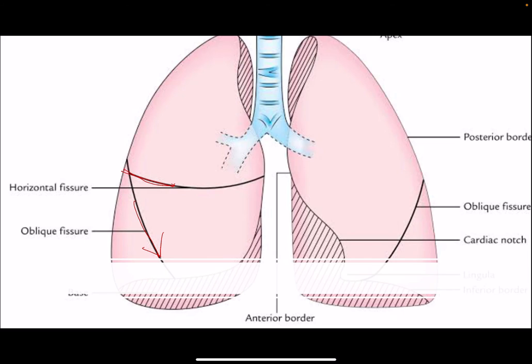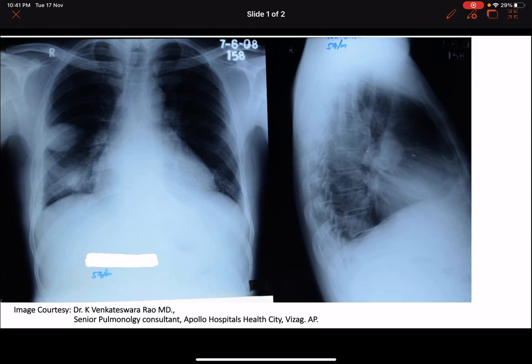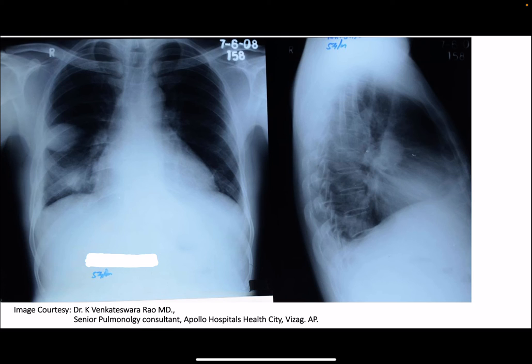Here you can see this is the horizontal fissure, usually along the fourth intercostal space, and this is the oblique fissure. Okay, so this is the chest X-ray of a heart failure patient, forming collections in the fissures, giving an appearance in the form of a tumor. So these are called phantom tumors in a heart failure patient.